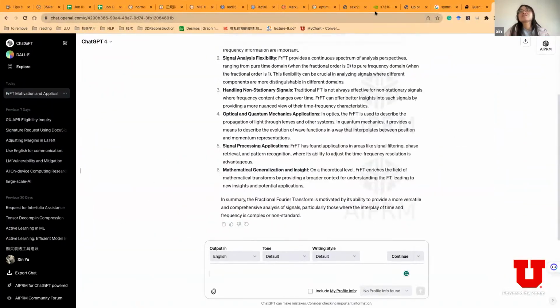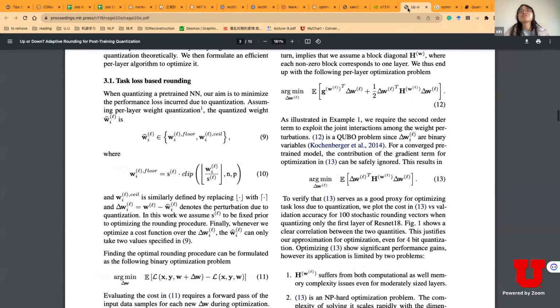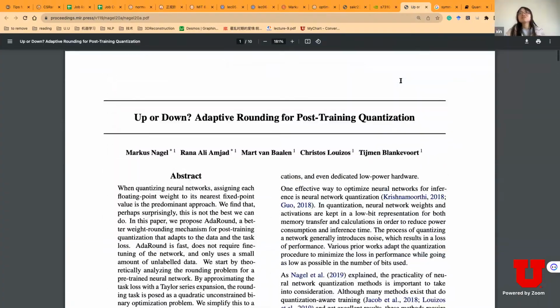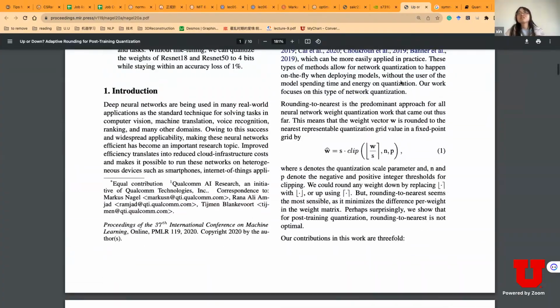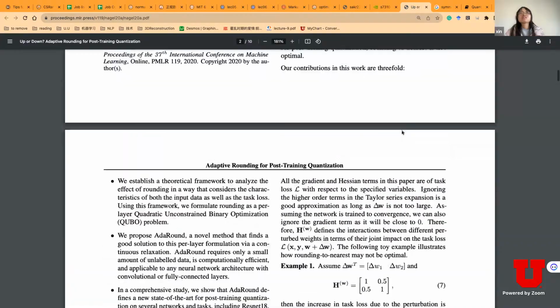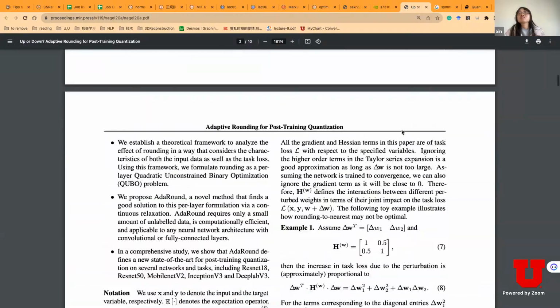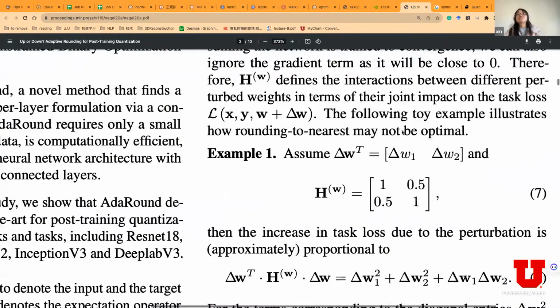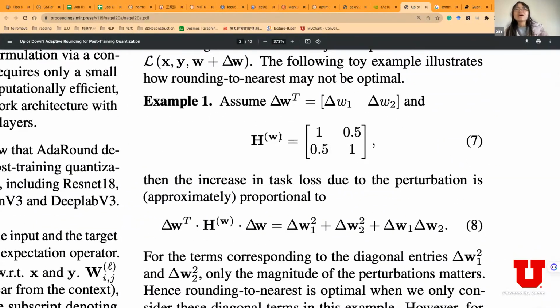We can take a look at the paper. So this is one example.